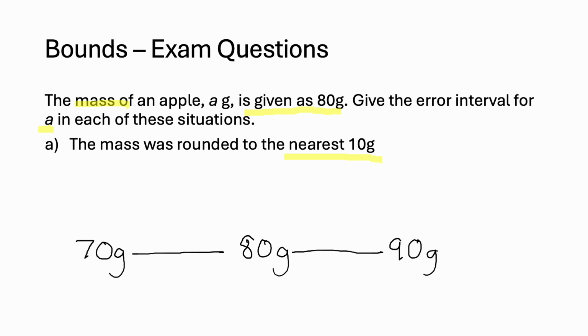So for the upper bound, we have to work out what is halfway in between 80 grams and 90 grams, which is going to be 85 grams, which is our upper bound. And then for the lower bound, we work out what's between 70 grams and 80 grams, smack bang in the middle, which is going to be 75 grams. That is our lower bound.